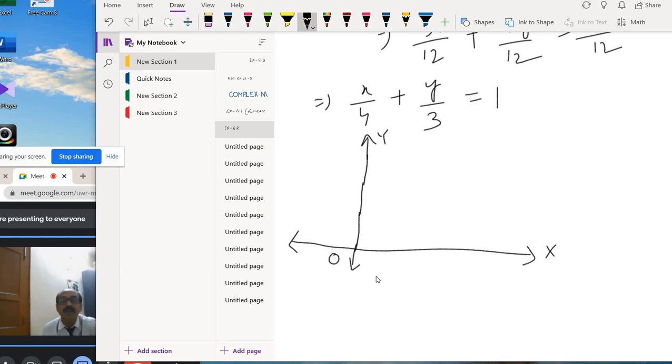Okay, now x is 4, so on the x-axis the length is 4, and y is 3.